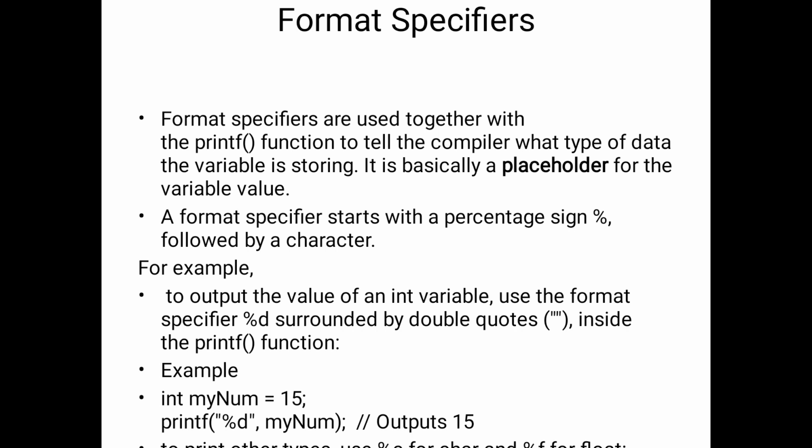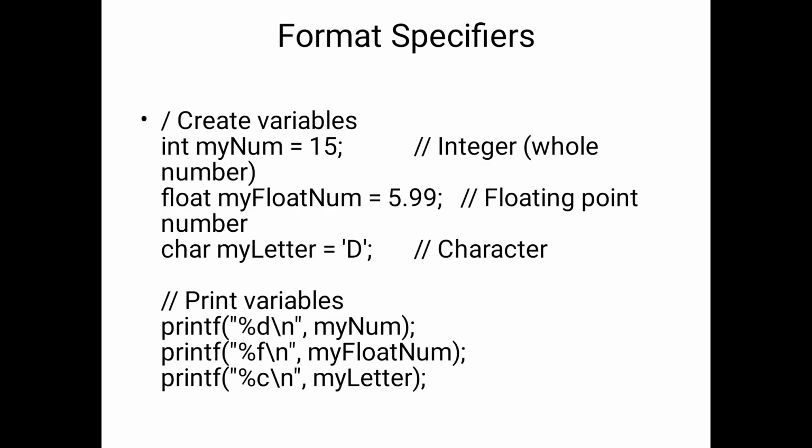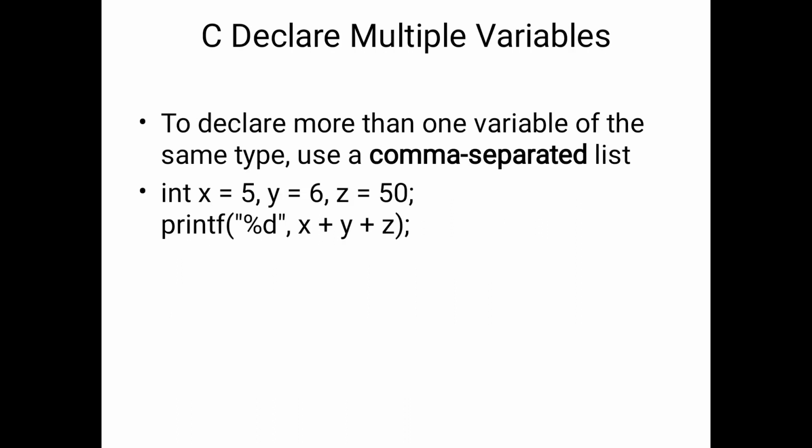Whether it is an integer, a float, or a character, here is an example. Here I create variables of type integer, float, and character, and we are going to print the variables in different forms: percentage d, percentage f, and percentage c. In C, we can also declare multiple variables of the same type, but the rule is quite different.